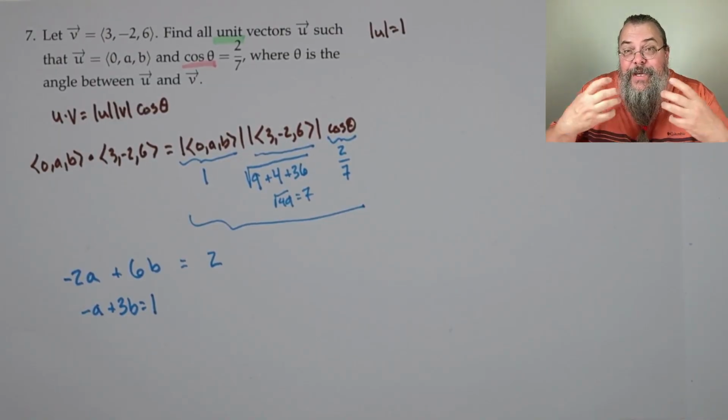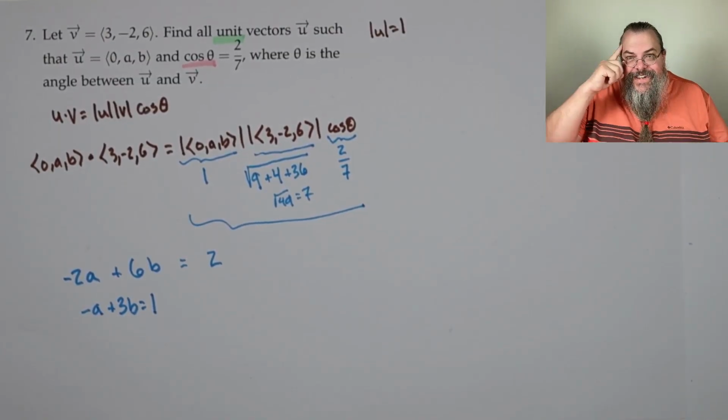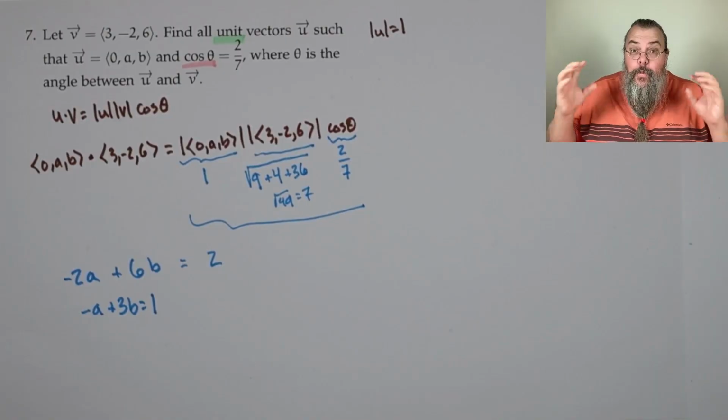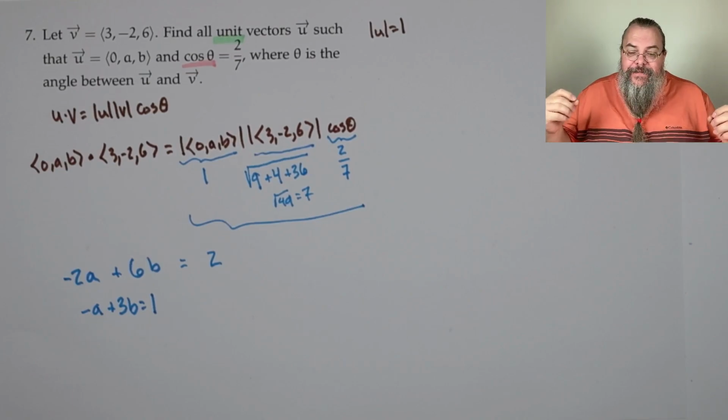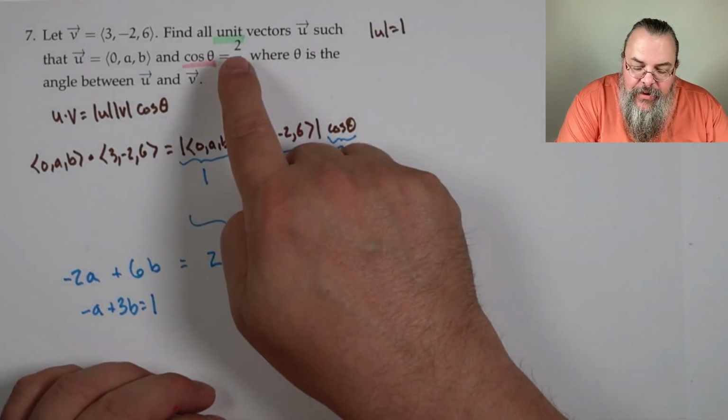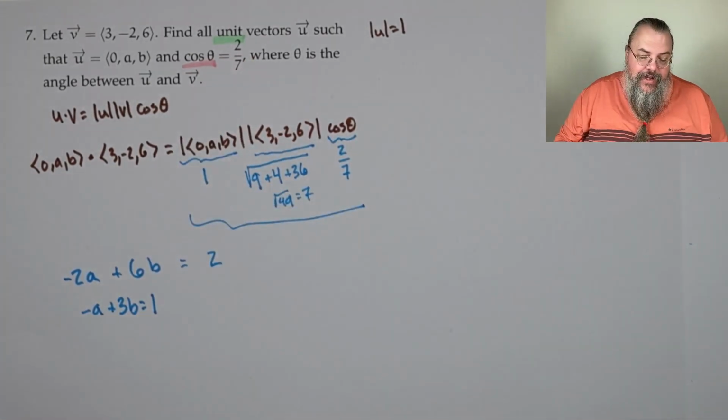Well, couldn't we use it even more? Now, this is the part that's like, what? Because, okay, what else do we have? Well, let's go back to the unit. What does that tell us?